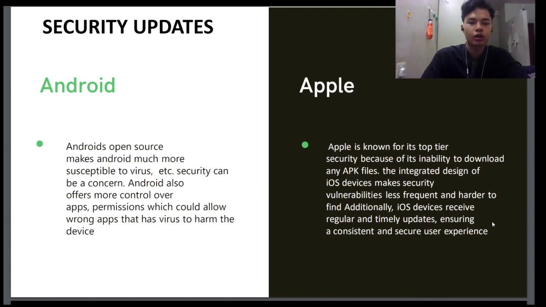The integrated design of iOS makes security vulnerabilities less frequent and harder to find. Additionally, iOS devices receive regular and timely updates, ensuring a consistent and secure user experience. As you all know, Apple phones are among the best in terms of security in their own class.